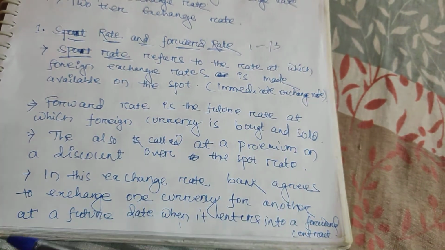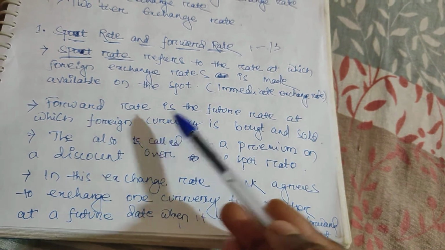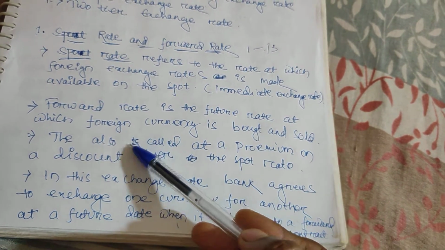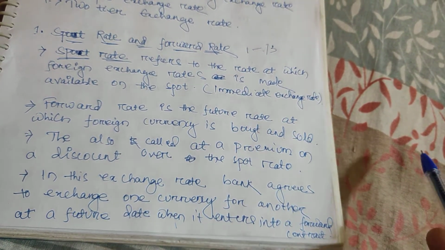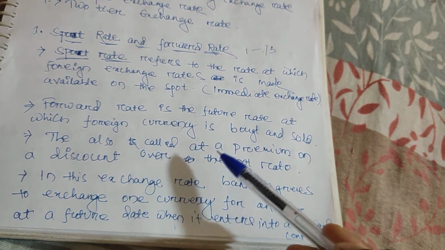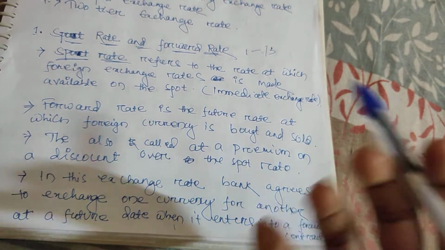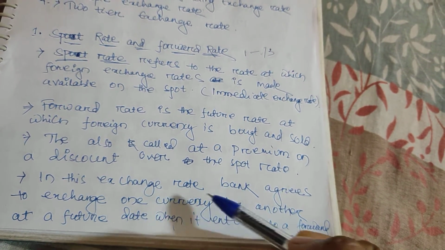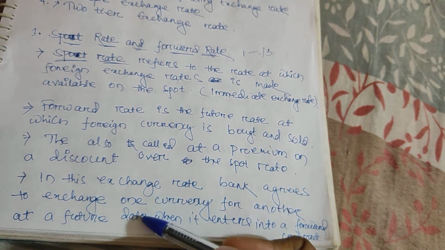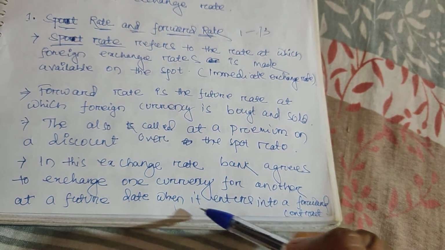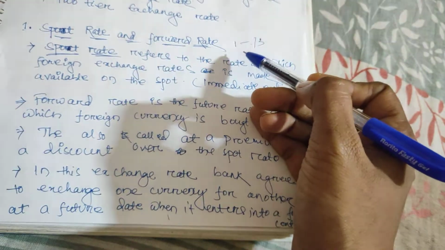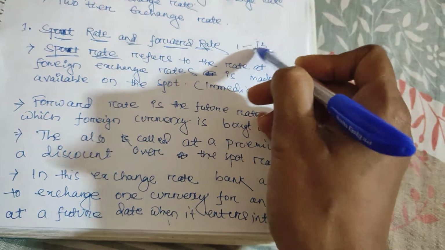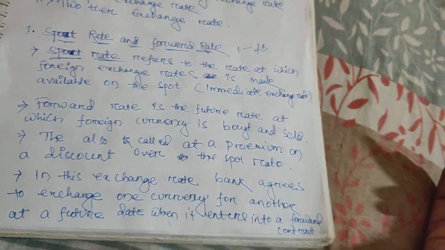Then we will know what a forward rate is. Forward rate is the future rate at which foreign currency is bought and sold. That's why it is also called the quotes or premium or discount over the spot rate. In this exchange rate, the bank agrees to exchange one currency for another at a future date. Suppose today $1 is 73 rupees, but it is changing all the time.